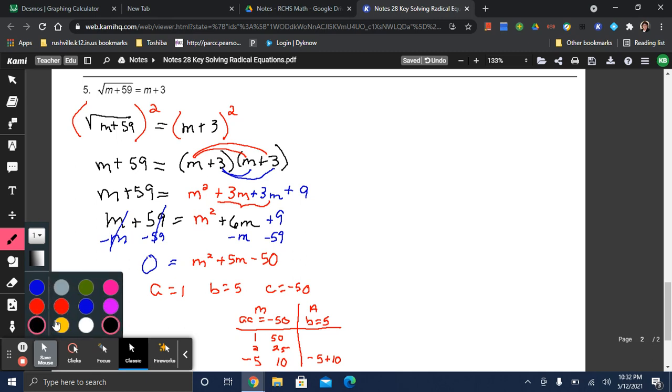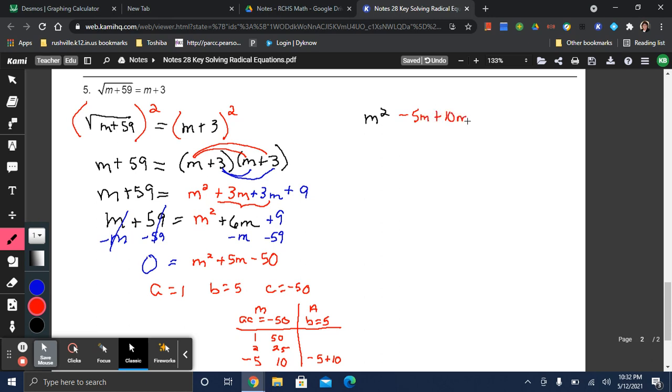So we're going to start with m to the second, then our two numbers, minus 5m plus 10m, and then minus the 50 equals 0.